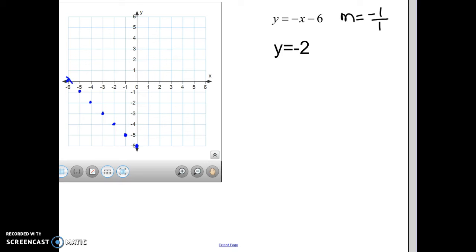I don't really have a straight edge on this whiteboard. My second equation is y equals -2. This has a slope of 0, so my line is horizontal, with a y-intercept at -2.